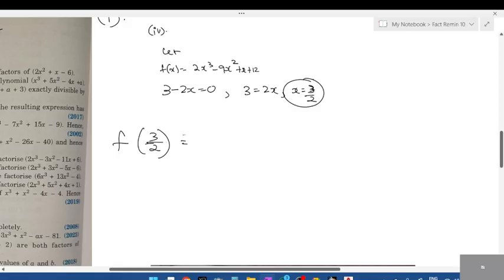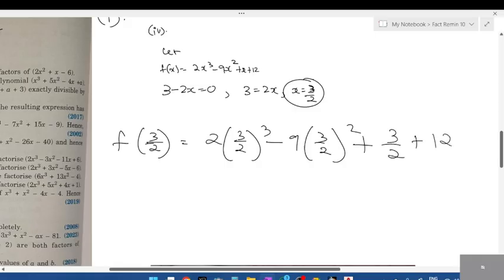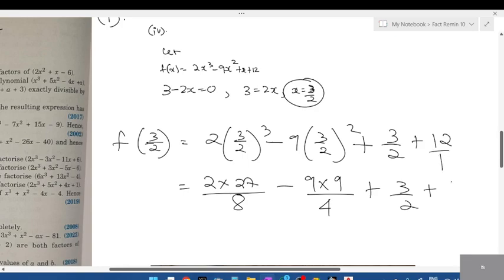Once you find the value of x, 3 by 2. Take LCM.